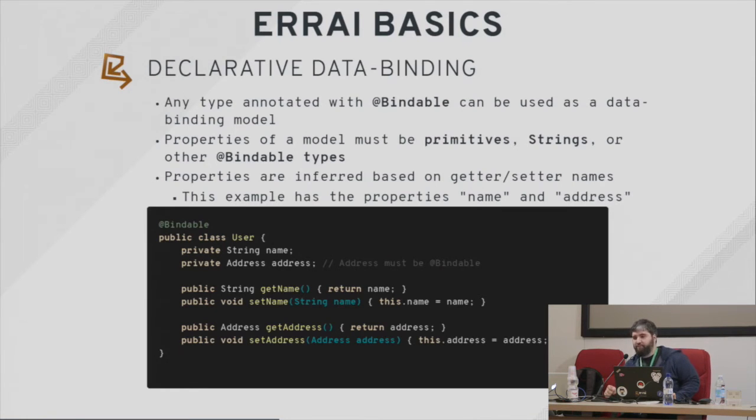Every Errai project has a properties file that allows you to specify some extra configurations. For a lot of the annotations in Errai, it is possible to specify a list of types as a property in that file. So yes, it is possible to make types bindable without altering the source.